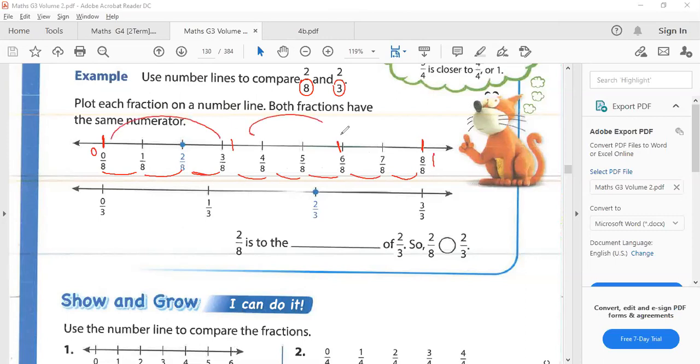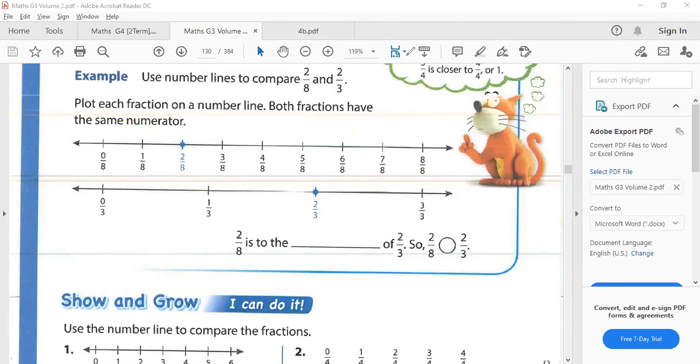So up, we start with 1 over 3, then 2 over 3, then 3 over 3, like this. And it is obvious that 1 over 3 is greater than 2 over 8, like this.